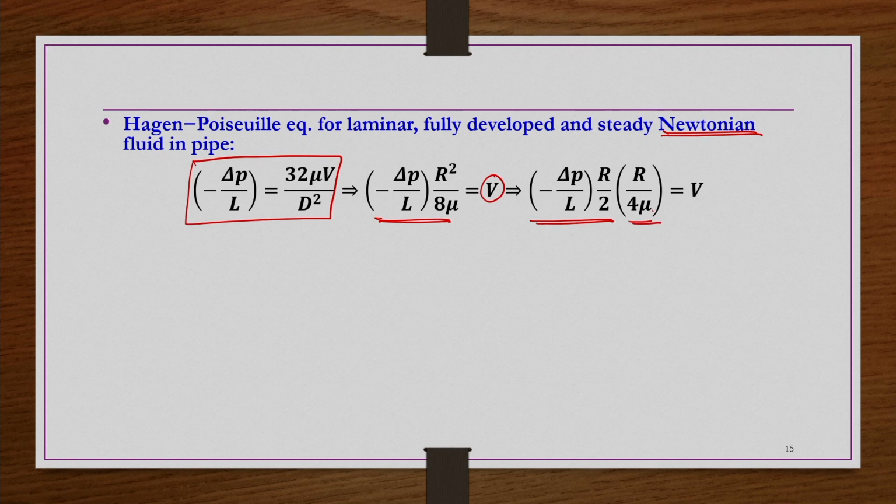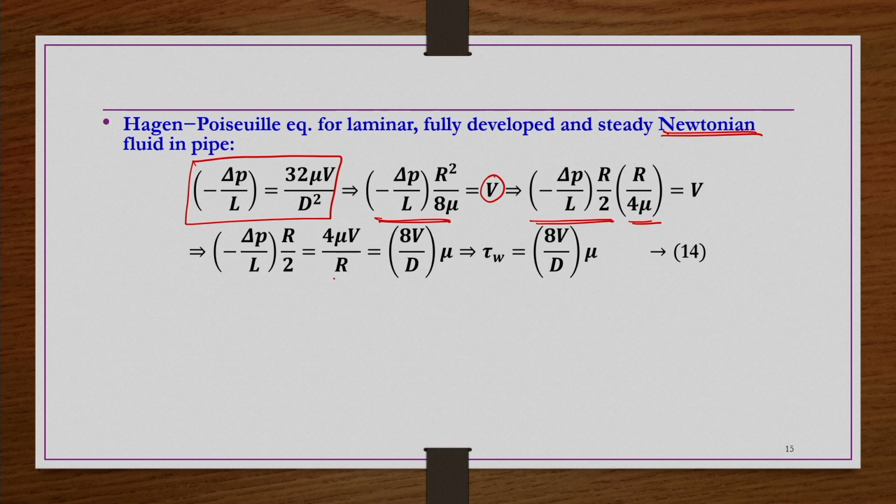So this r by 4 mu I take to the right hand side and join with v, so that I have on the right hand side 4 mu v by r and on the left hand side minus delta p by L, r by 2. Now whatever this r is there, again we will be writing d by 2, so that we can have 8 v by d mu on the right hand side, and on the left hand side minus delta p by L, r by 2.